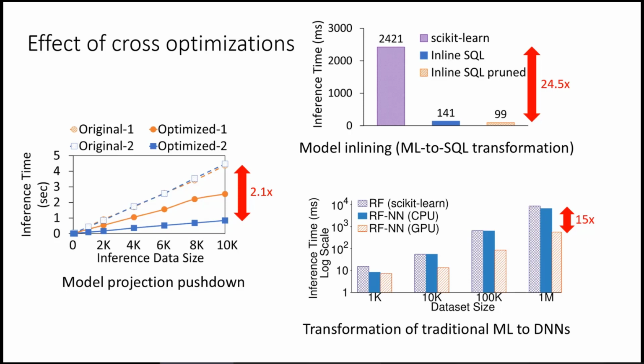These were mostly tree models and linear models that were not too complex. You can convert them all to SQL and do away with your ML runtime, running one big SQL statement. We also saw big improvements by converting models to neural networks and running on GPU, and these improvements became more impactful as your data grew in size.